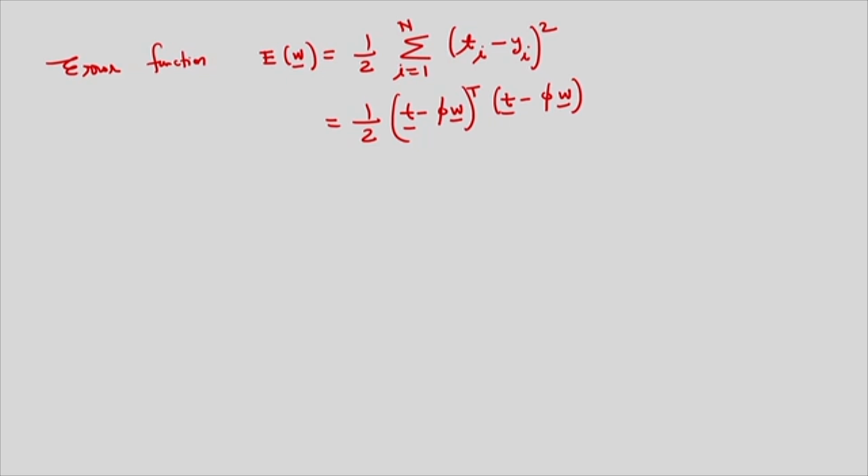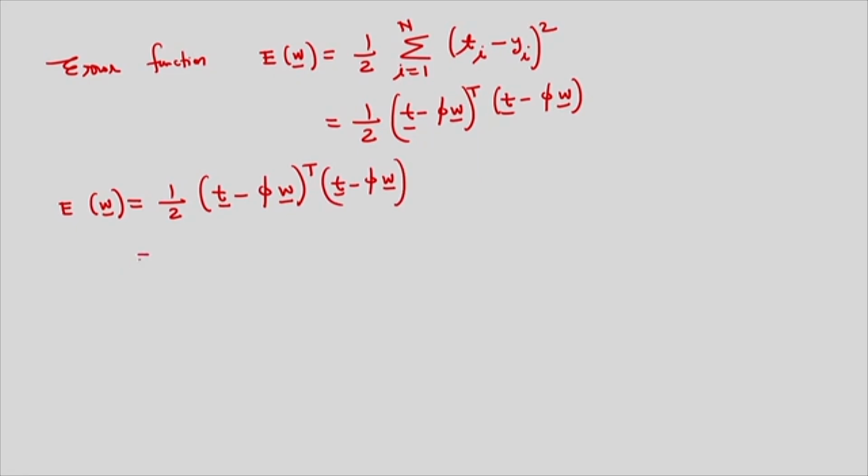This can be simplified or expanded. The error function E(w) that I have already defined is 1 by 2 (t minus phi w) transpose (t minus phi w).